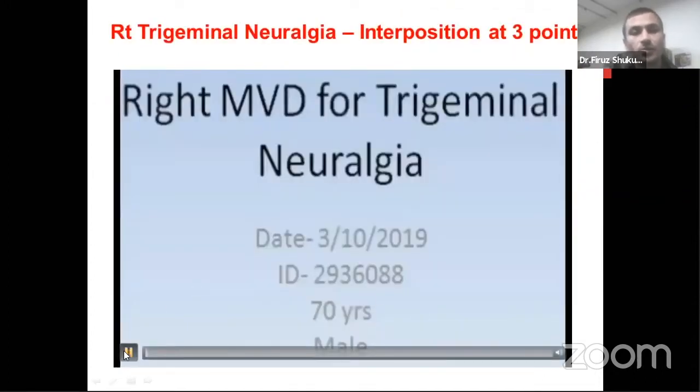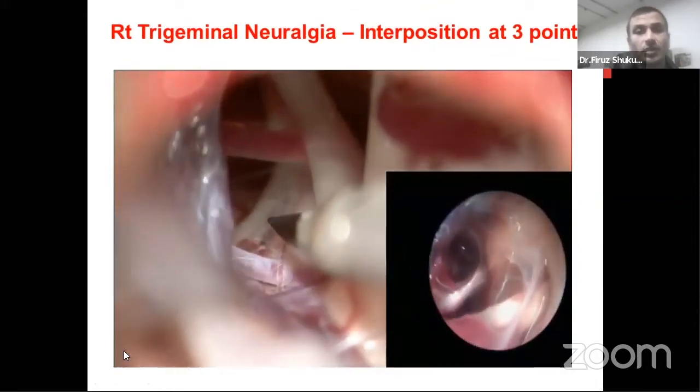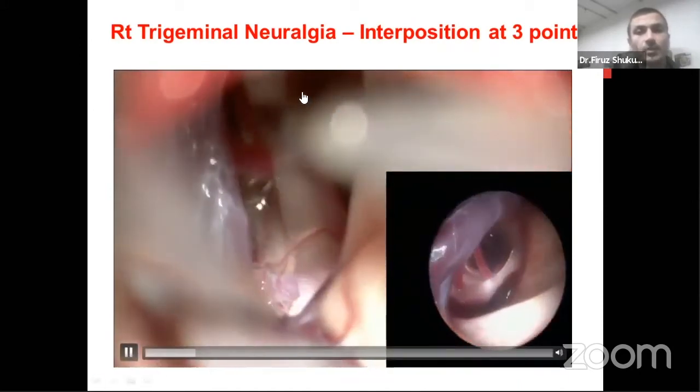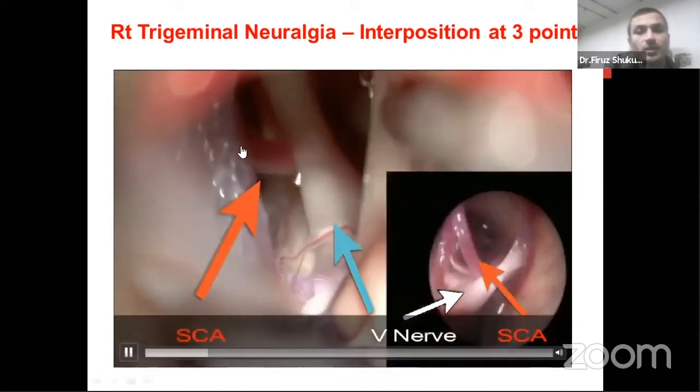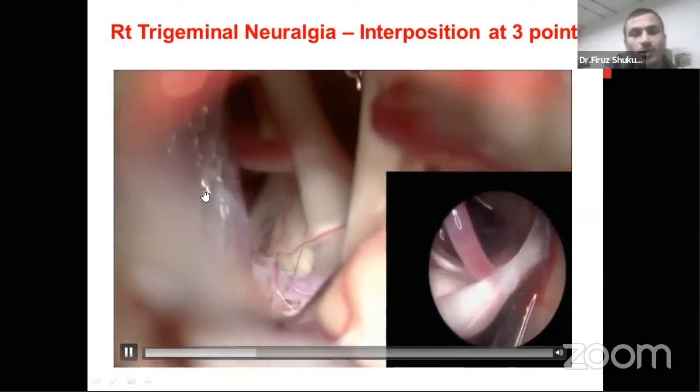This is a video of a right microvascular decompression of the patient. You can see in this video the trigeminal nerve, and this is the offending artery, the superior cerebellar artery. Interposition was done at 3 points.